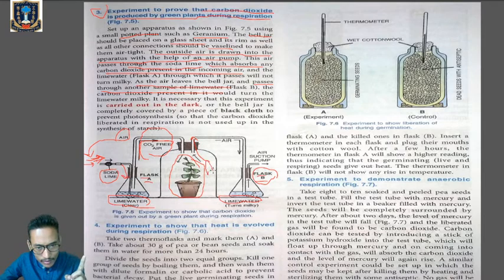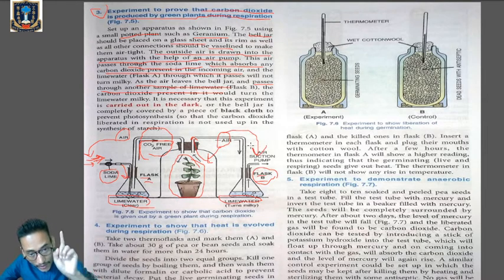Now the air which is present in the bell jar is moving from the bell jar to the flask B. Since the air is moving from inside the bell jar into the conical flask B, at this particular time, the lime water present in the conical flask B turns milky.